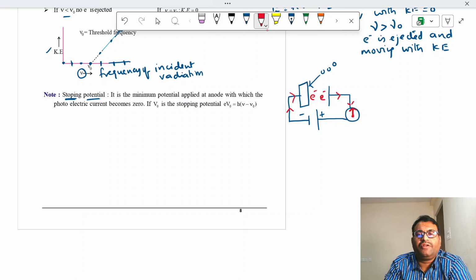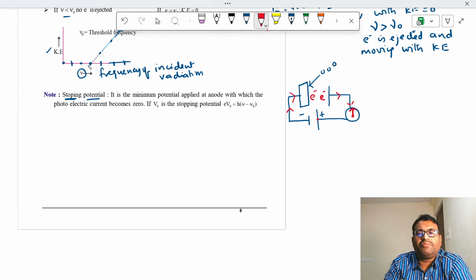Okay. Now what you are doing? You are applying some opposite potential at the anode. This is anode.